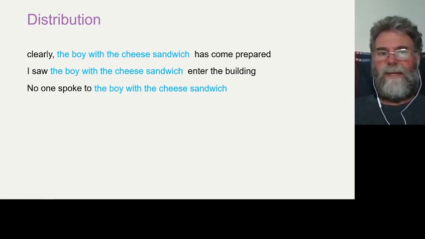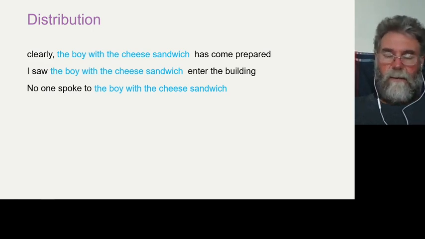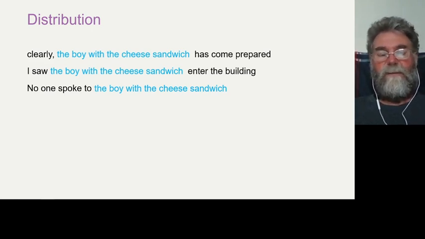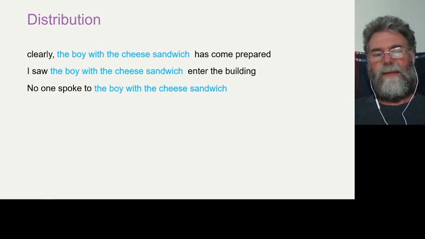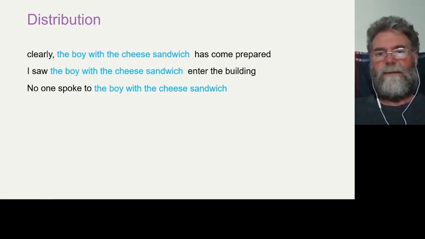Therefore, we can see that this group of words has a distribution, and observing that, we can assume that that group of words is a phrase. And of course, that's a nominal phrase, the kind of thing that can sit in the subject position, as in the first case, the object position, as in the second, and inside a prepositional phrase, as in the third.